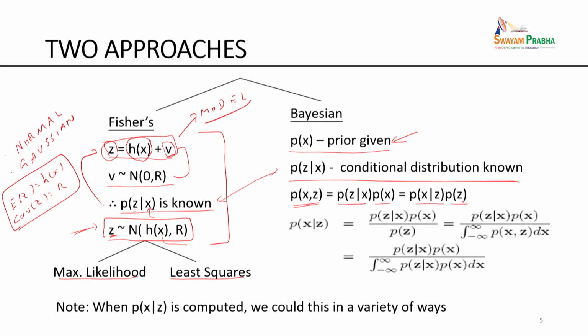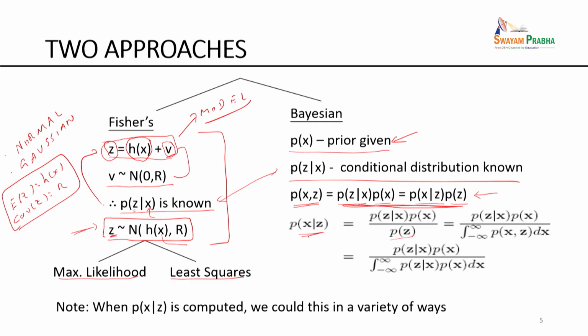So these two are equal. If these two are equal, I get Px of z is equal to Pz of x times P of x divided by Pz.